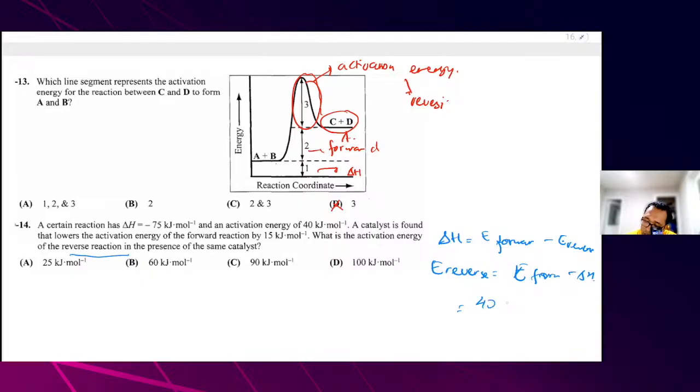Okay, and a catalyst is found that lowers the activation energy of the forward reaction.